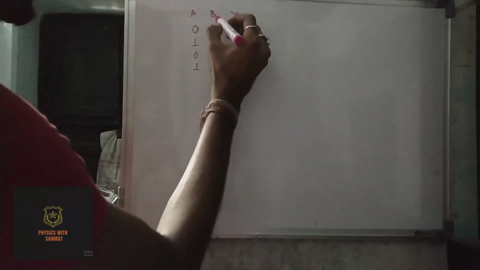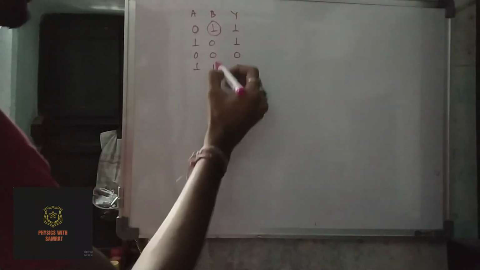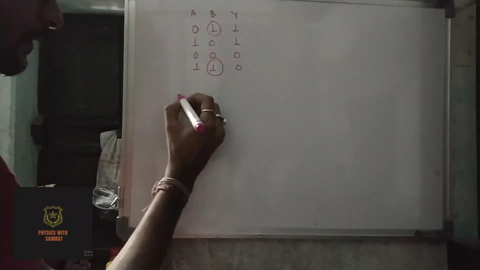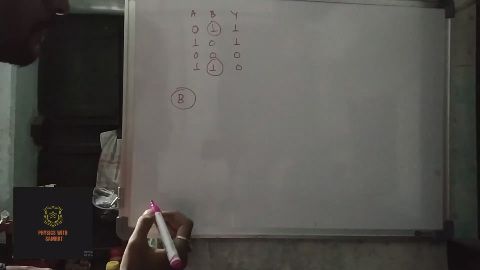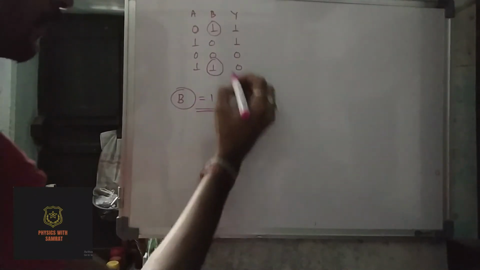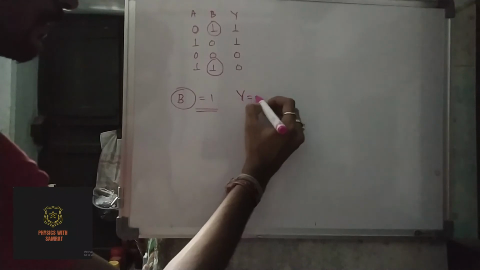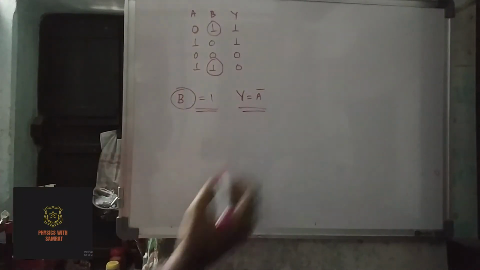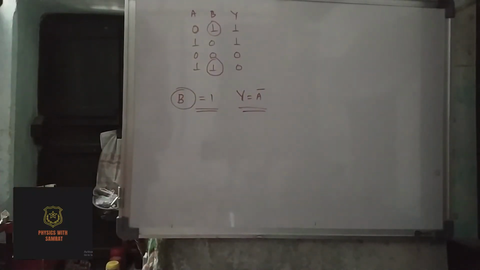Just see, if we fix the input B at 1, the output is the complement of A. This is the inference you can say.